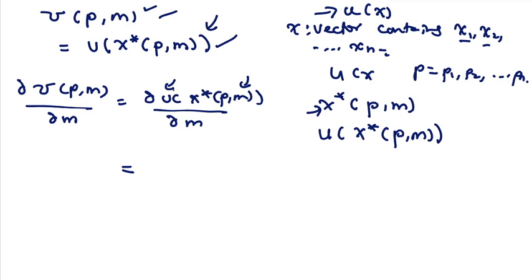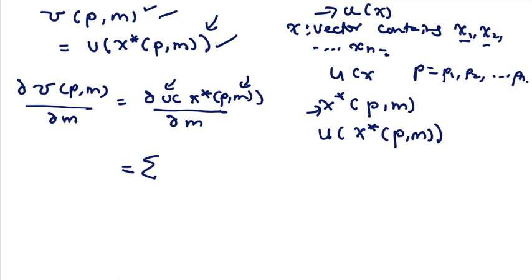So the sum of differentiate u with respect to x, because you cannot differentiate u with respect to m directly, because here you can see the direct utility function is a function of x star, but x star is a function of m. So u here is indirectly a function of m.